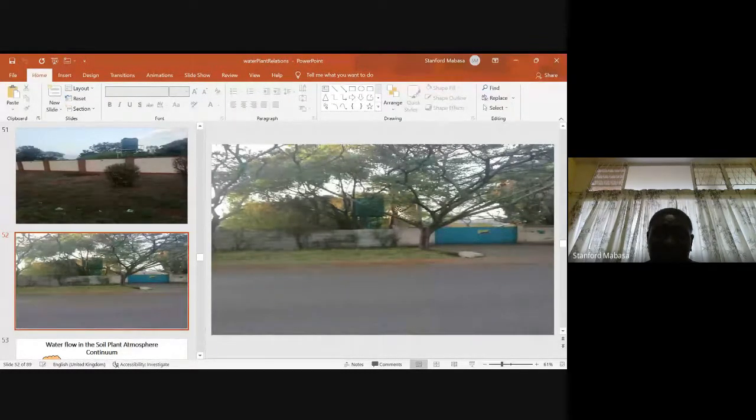And in the background, there's also a tank there where you have somebody who is actually pumping water from the soil, storing it into the tank. Basically, what the tree is doing and what that pump is doing are more or less the same. They are lifting water from the soil against gravity up to a certain point.